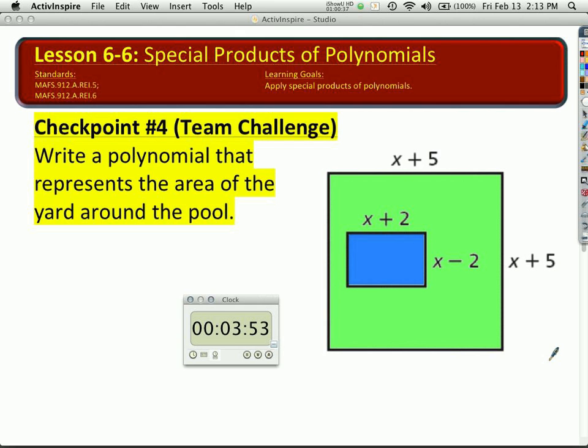You have to subtract. Let's make it with this parentheses minus. What?